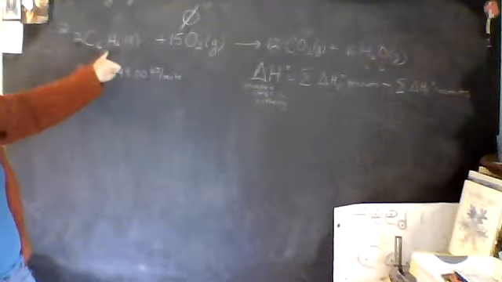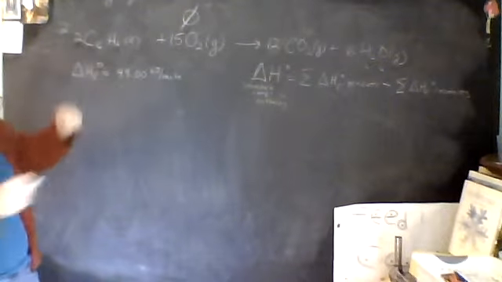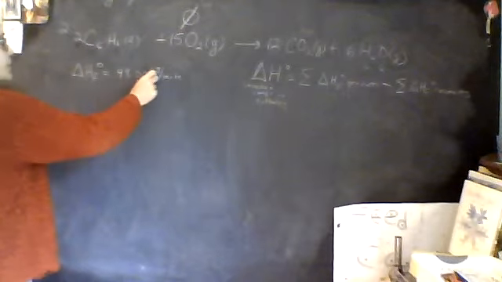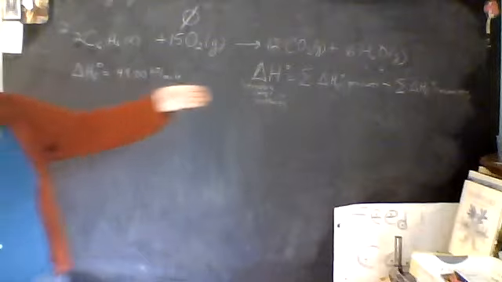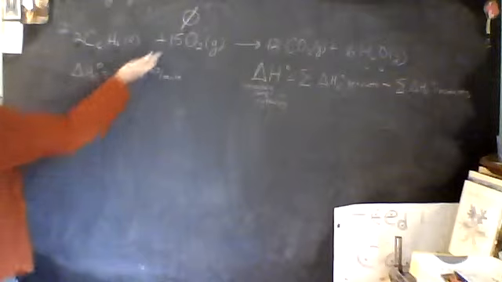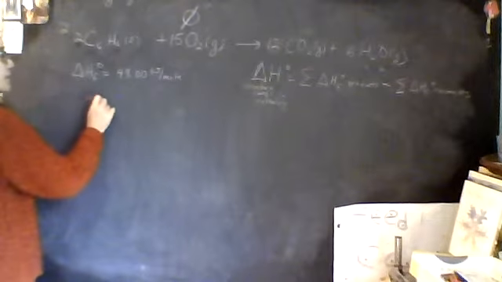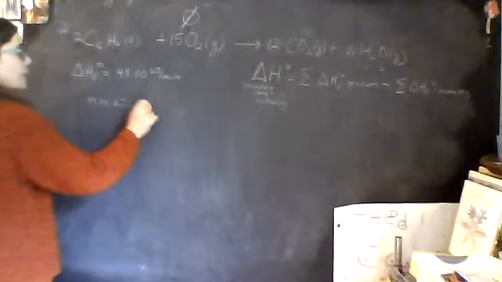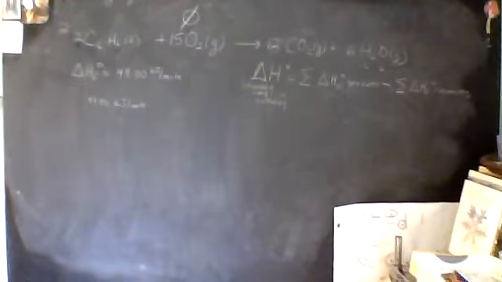We are told that the standard enthalpy of formation of benzene is 49.00 kilojoules per mole. So what's the summation of the standard enthalpy of formation of the reactants? It's going to be this because this is 0, right? 49.00 kilojoules per mole. And how many moles do we have of that? It says on the board, there's 2 of them.